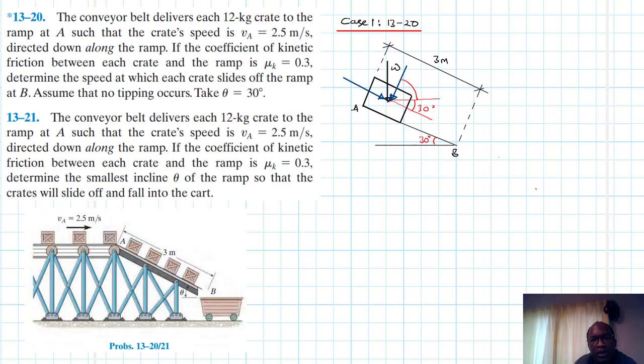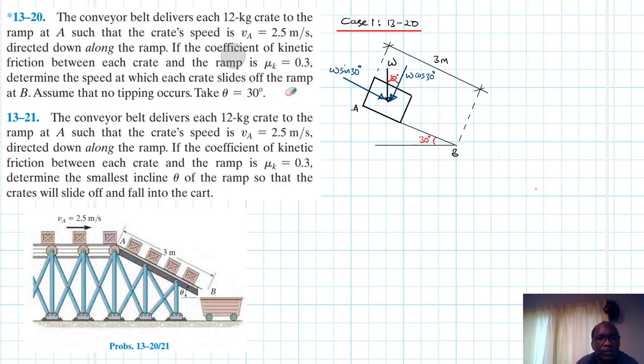Great. So let's write down. This angle here is 30. So now this one just becomes W cos 30, and then this one is W sine 30.